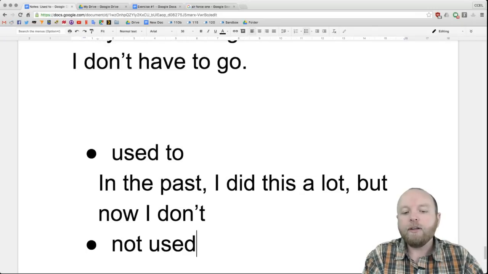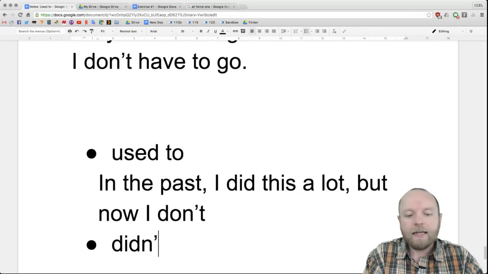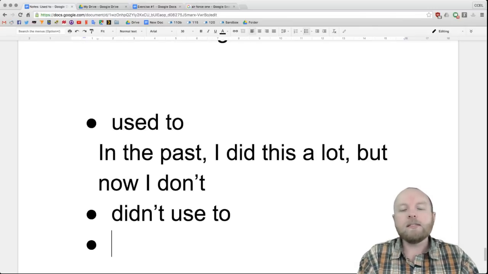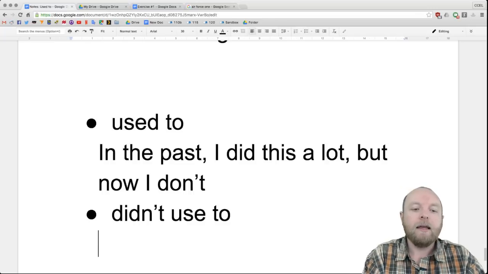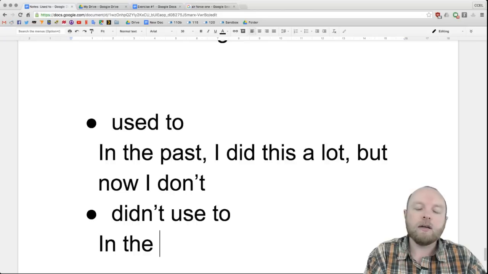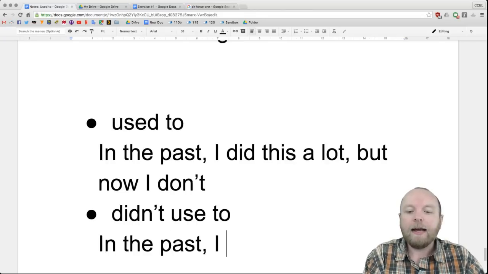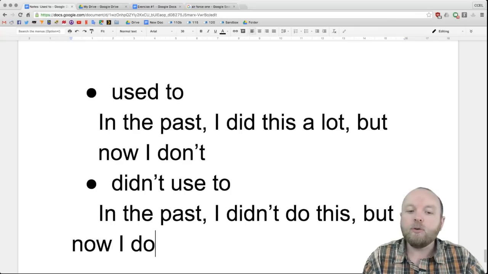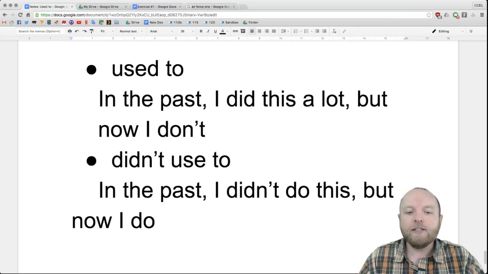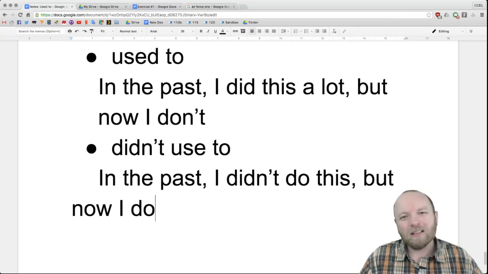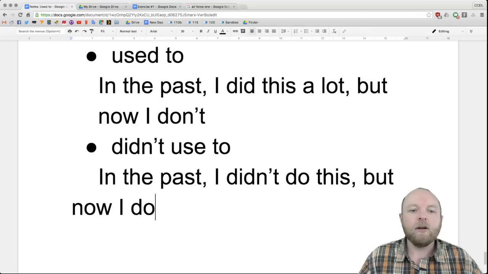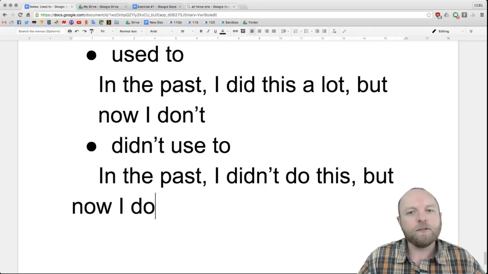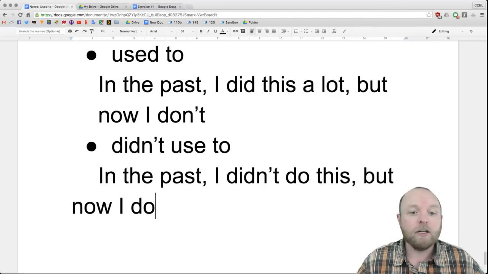But let's say this, didn't used to, is the opposite meaning. In the past, I didn't do this, but now I do. I know it's a little confusing. Just think the opposite. And maybe this is difficult for some of the students that have already studied used to.